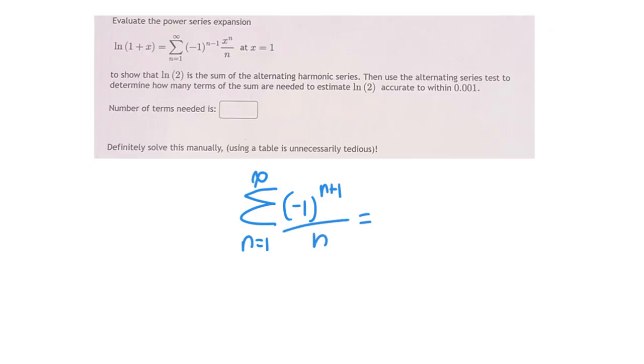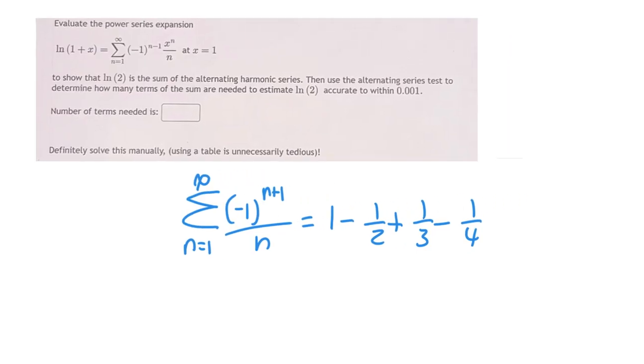And that's going to equal 1 minus 1/2 plus 1 over 3 minus 1/4 plus 1/5 minus, and so on. Okay. So it goes from positive, negative, positive, negative, positive, negative. And notice how you could say that there's this invisible 1 under here, and the denominators go from 1, 2, 3, 4, 5, and so on.